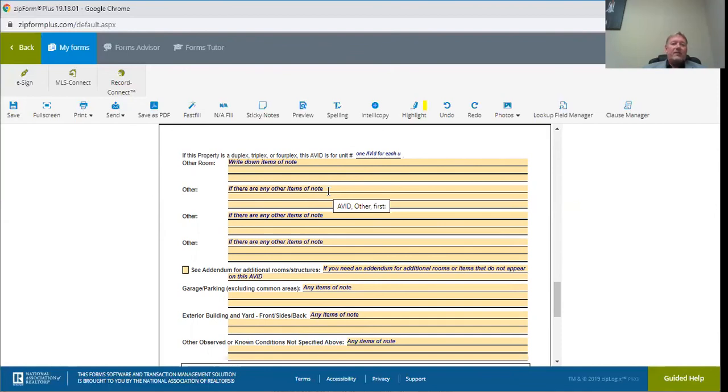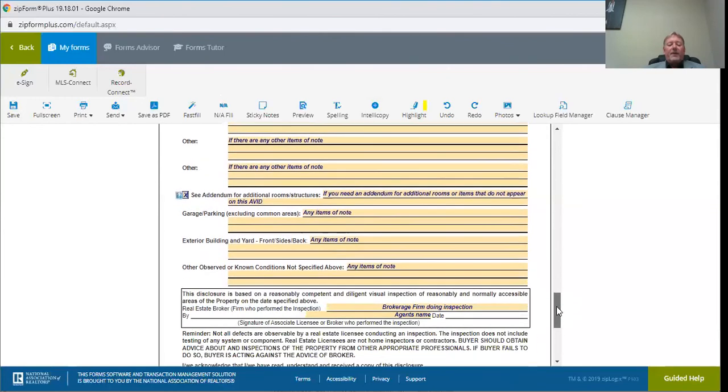Don't make a reference to whether it's too high or too low, just simply what it is. If you need an addendum for any additional room structures, the great thing about this is you can see it auto-populates. So it says addendum 1 was added on here. And if you need an additional addendum for rooms or additional notes, you can put that in there.